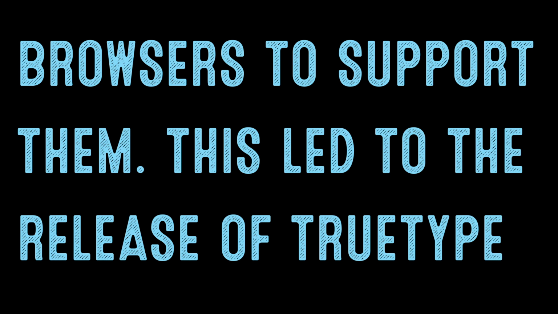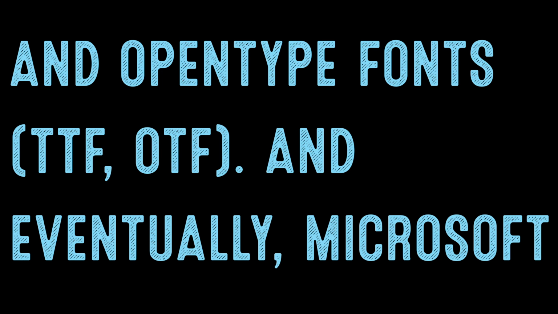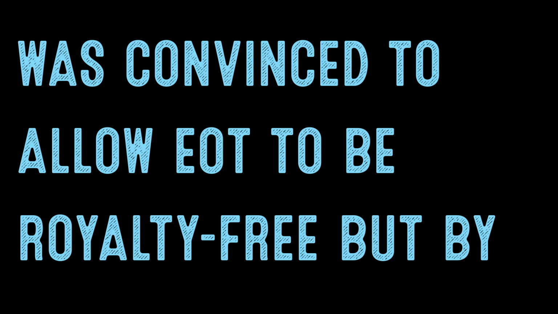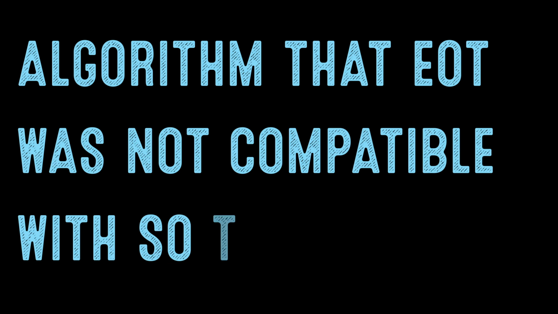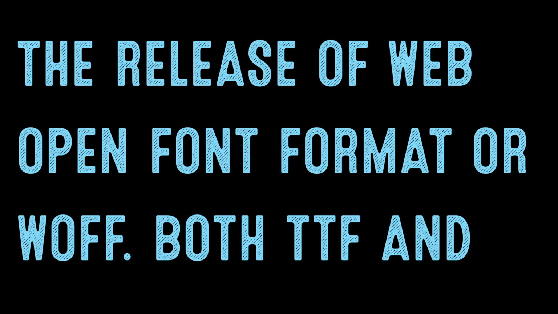This led to the release of TrueType and OpenType fonts, TTF, OTF, and eventually Microsoft was convinced to allow EOT to be royalty-free. But by that time, there was a more widely used compression algorithm that EOT was not compatible with, so that led to the release of Web Open Font Format, or WOFF.